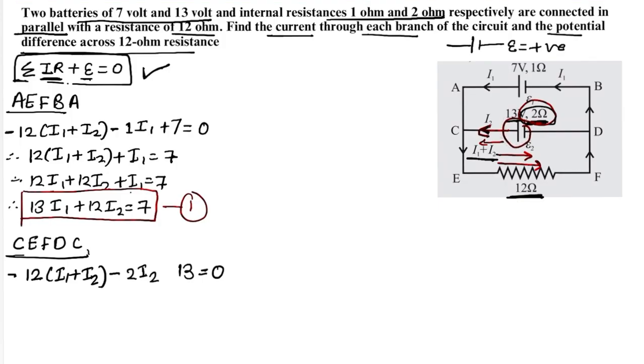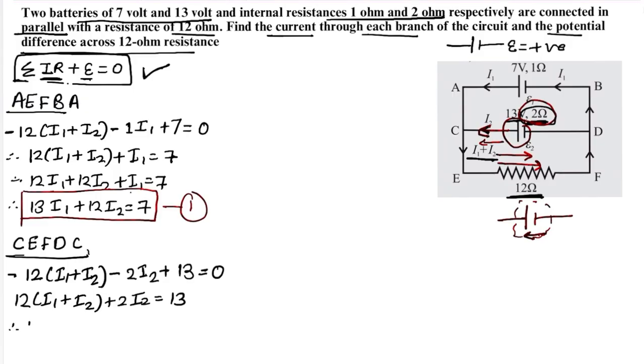Now for this battery, if we use the sign convention for the electromotive force, if the direction of the loop within the source is from the negative to the positive terminal, we consider the sign as positive. Let's simplify this equation. It will be 12 in bracket I1 plus I2 plus 2I2 is equals to 13.